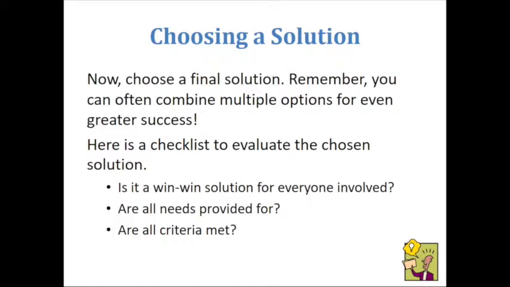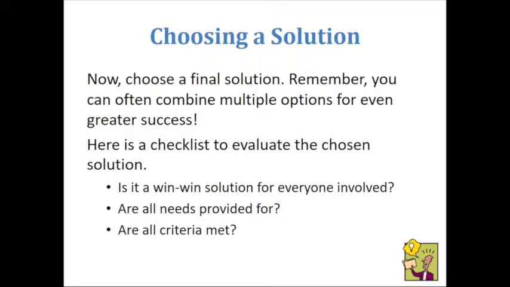So in choosing the final solution, remember, you can often combine multiple options for even greater success. Here's a checklist that you can use to evaluate your chosen option. Is it a win-win solution for both parties? Are all the needs provided for?